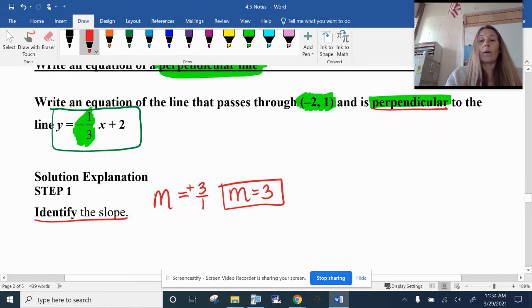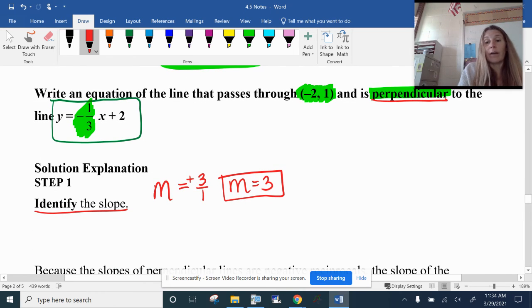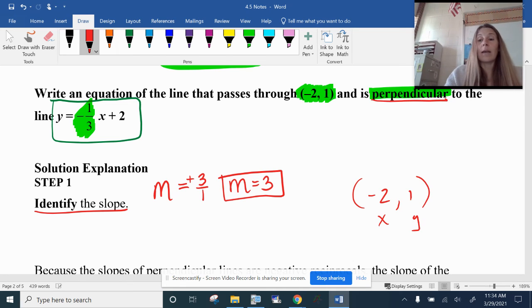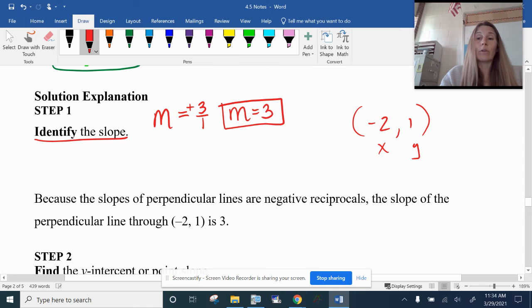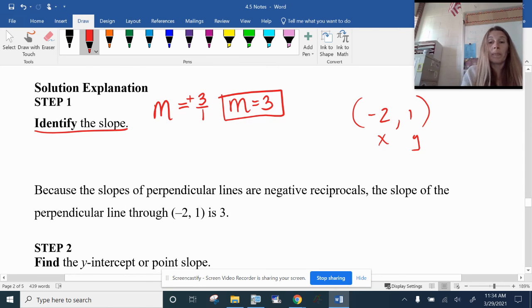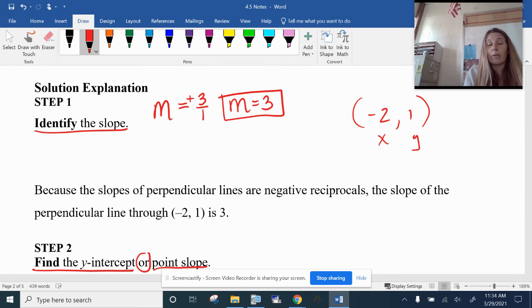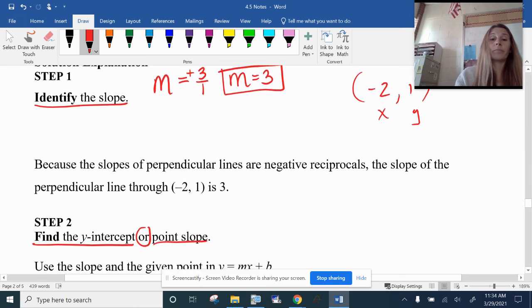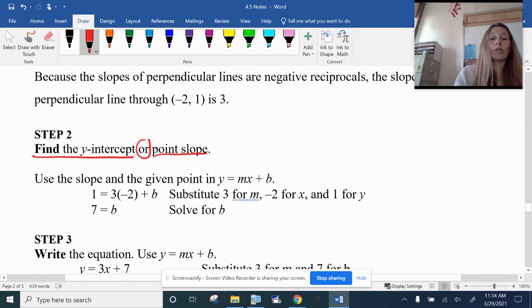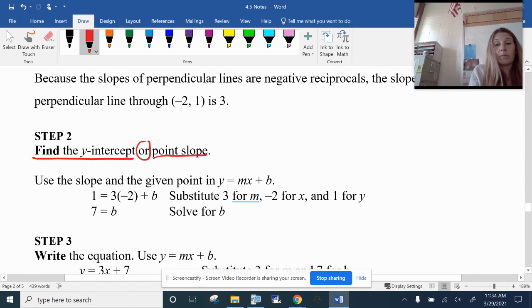Now, since it's going to go through this specific point, negative 2, 1, again you have two options for how to continue this problem. You can find the y-intercept, or you can use point-slope. If you use the y-intercept, you plug into y equals mx plus b.